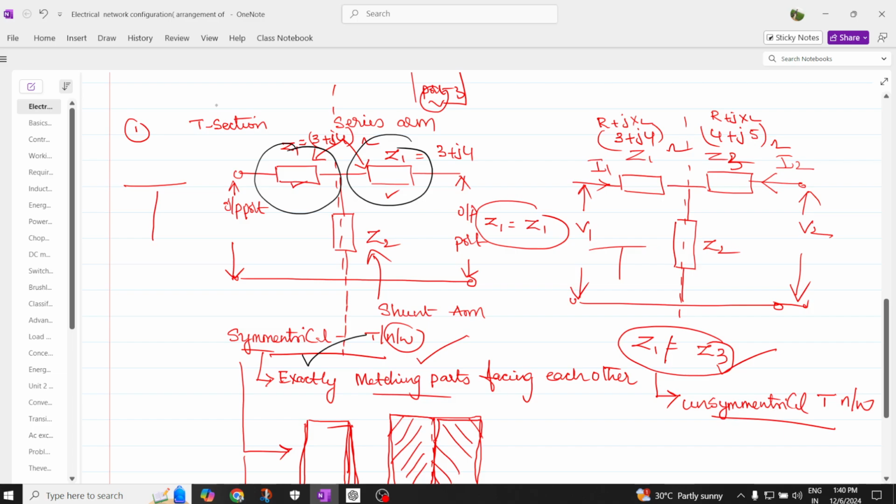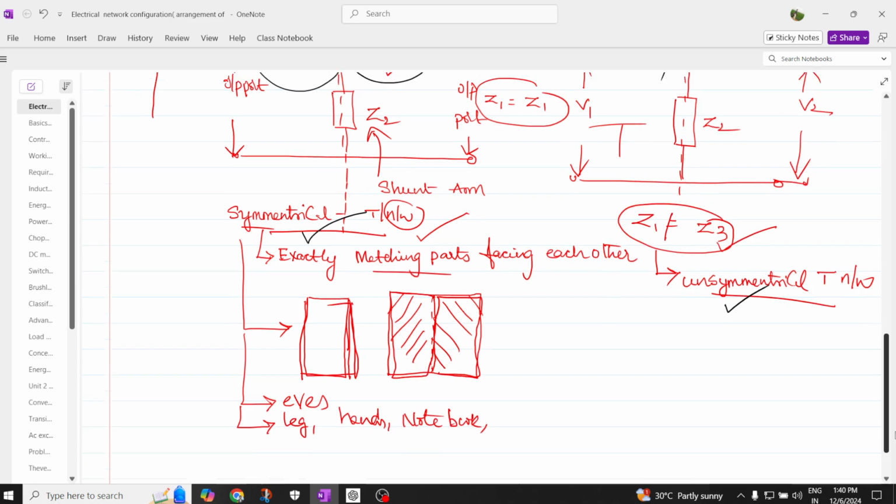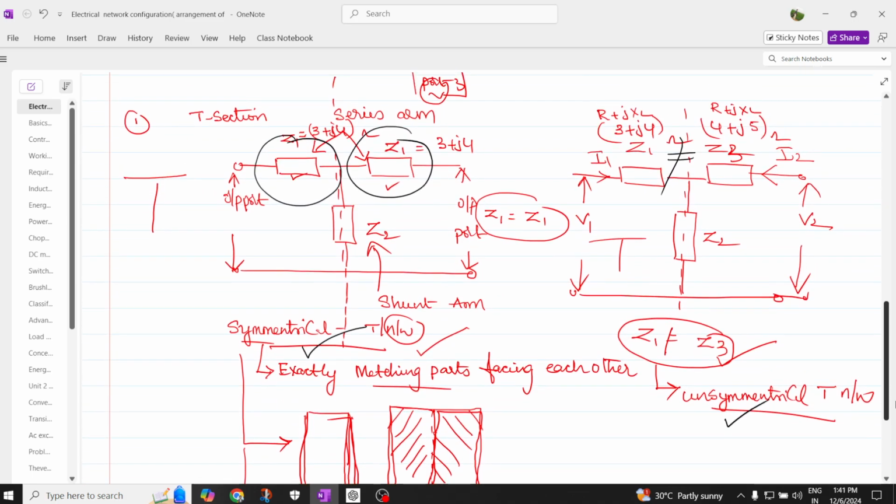Here the Z1 value is not equal to Z3, therefore it is called unsymmetrical. So this is all about symmetrical and unsymmetrical T sections. Hope you understood what is meant by symmetrical and unsymmetrical networks.